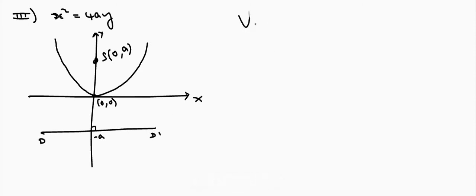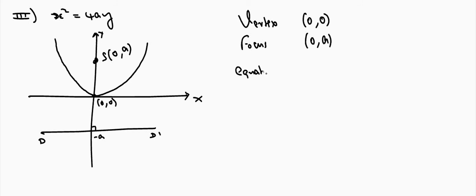Here the coordinate of the vertex is (0, 0) and the focus is (0, a). The equation of the axis of the parabola: the axis is the line which divides the parabola symmetrically, which is the y-axis. Here its equation is x equals 0.